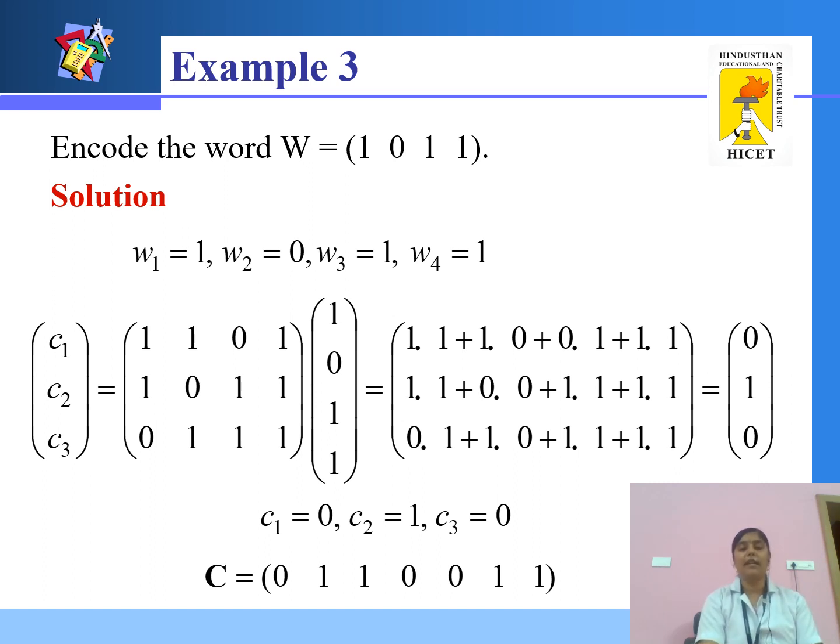After applying the matrix multiplication, we get 0, 1, 0. That is C1 equal to 0, C2 equal to 1, C3 equal to 0. So C is equal to 0, 1, 1, 0, 0, 1, 1.